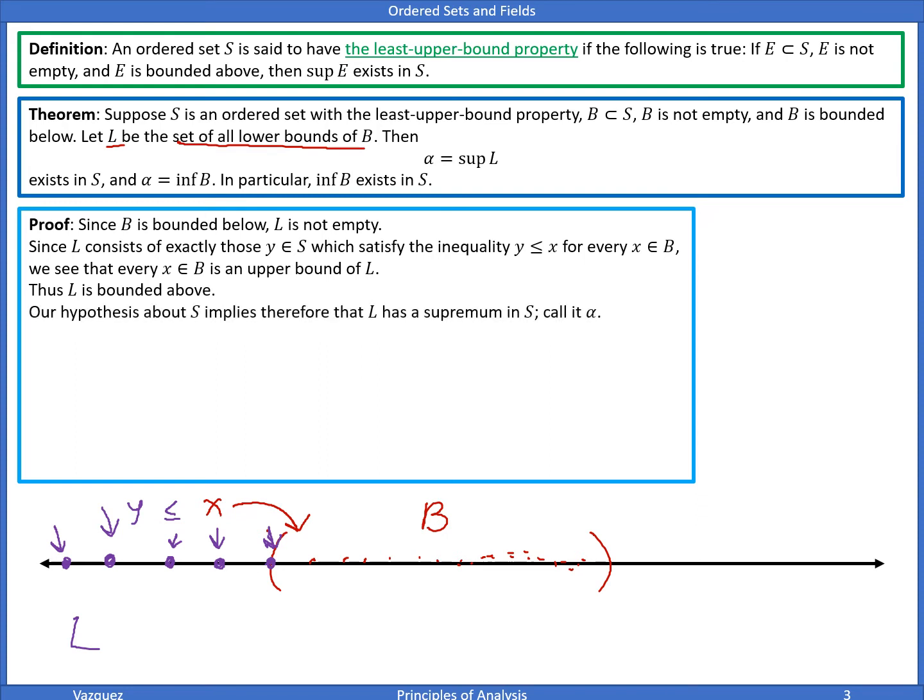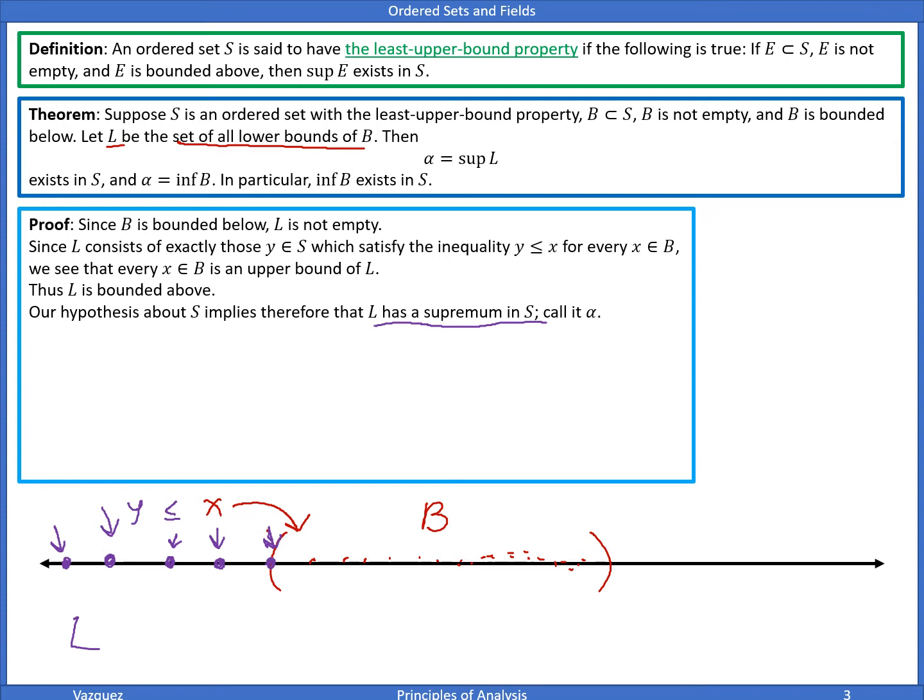Now, by definition of S and our hypothesis, we can say that L has a supremum in S. Call it alpha.